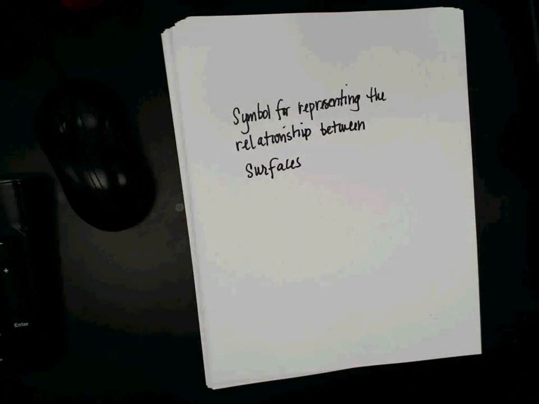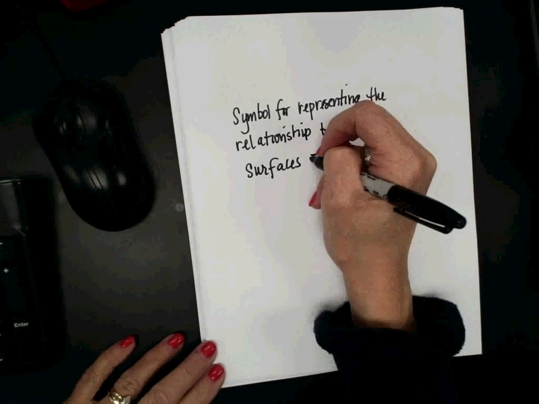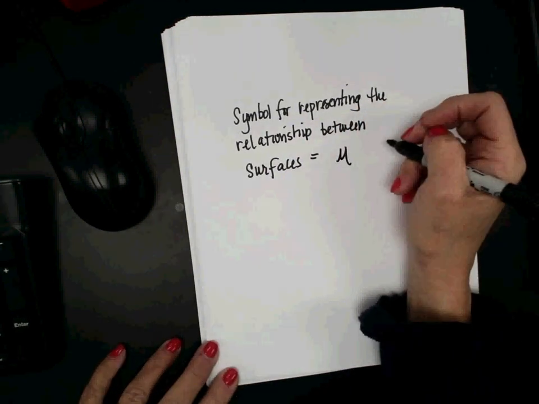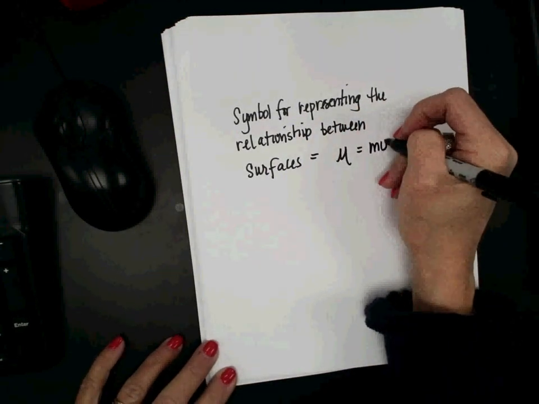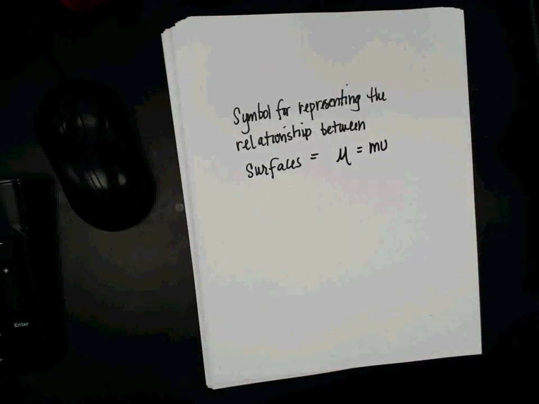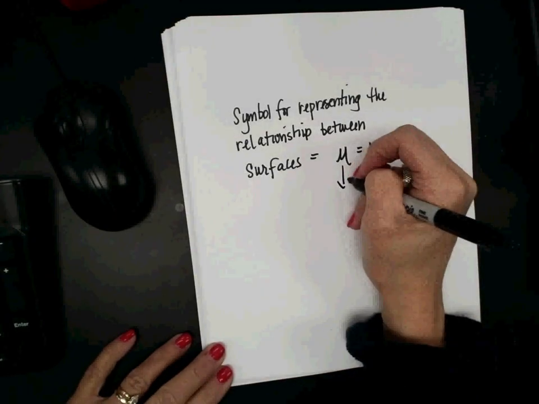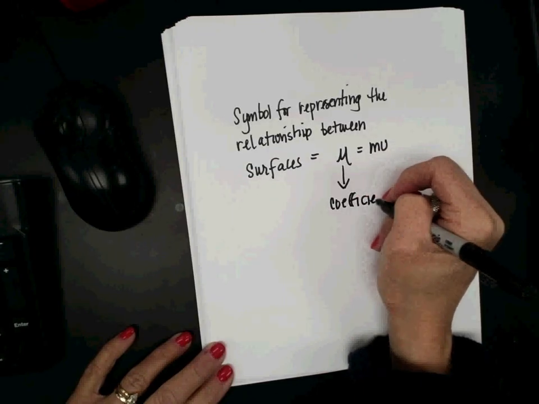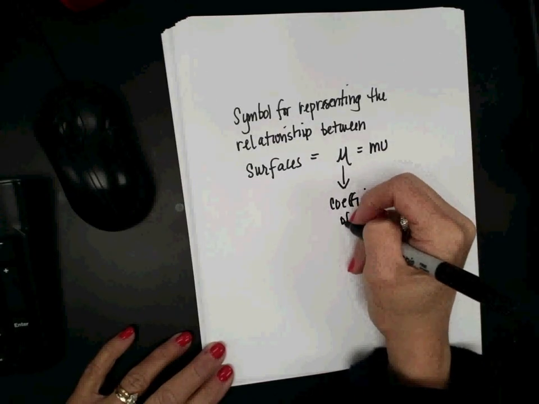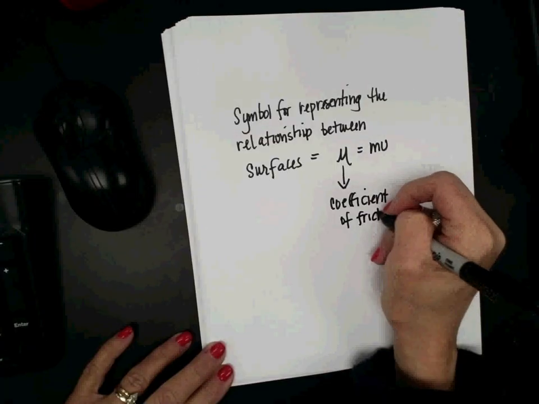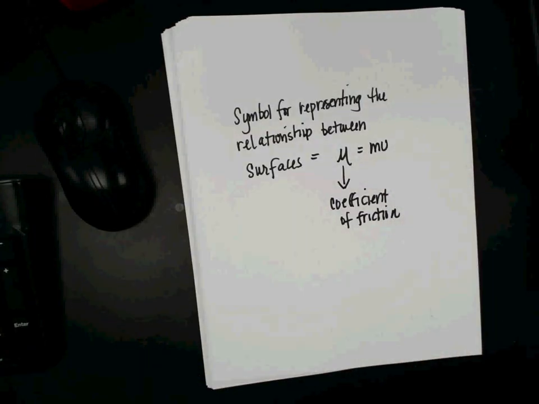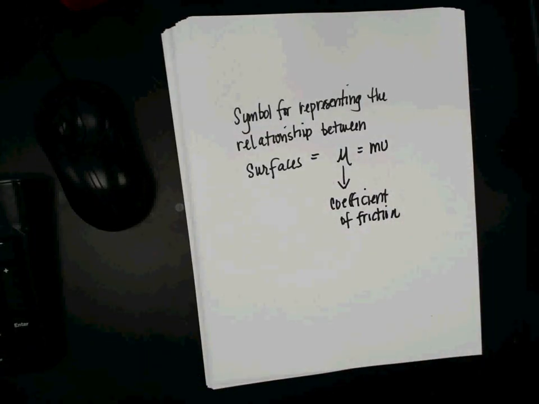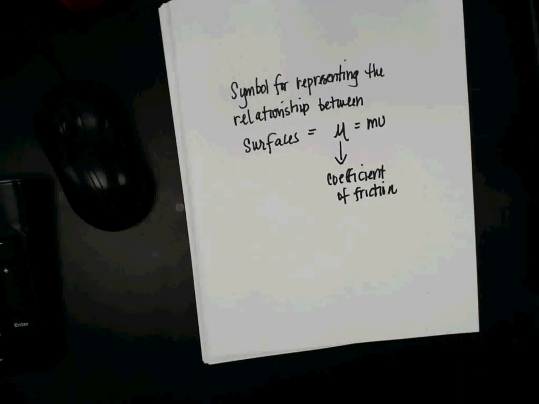The symbol that represents the relationship between the surfaces, I showed you on Friday, is mu, which is a Greek letter, and it is called the coefficient of friction.